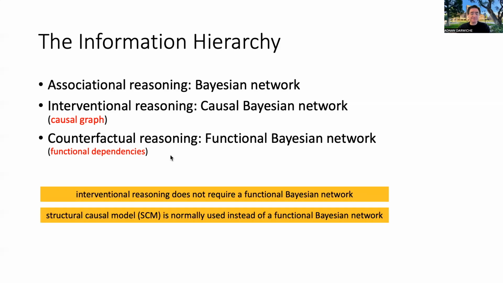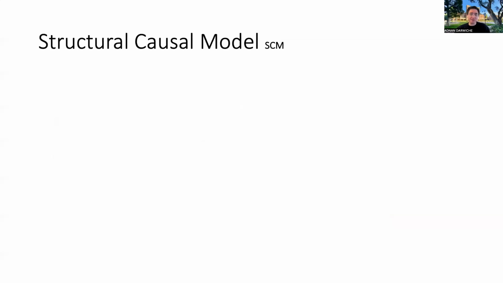But the other thing is, as I said earlier, people talk about structural causal model instead of functional Bayesian network. And once more, these more generally are broader than these, but given how people use them today, they're pretty much the same. So let's talk about structural causal models, pretty simple.